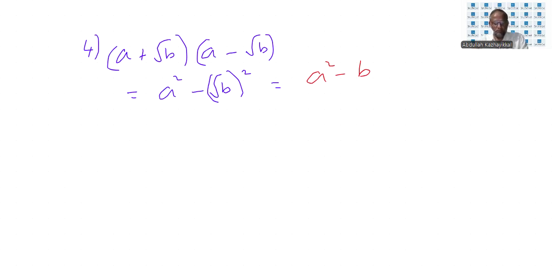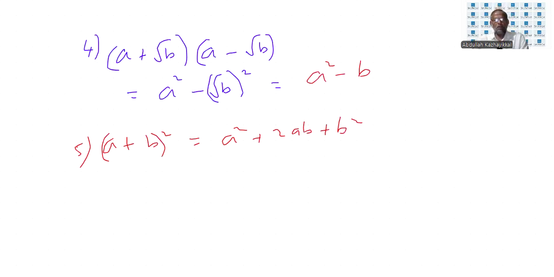Now, fifth one. See, first identity we studied: A plus B whole square. We know A plus B whole square is equal to, tell me, A square plus 2AB plus B square. Yes, no?